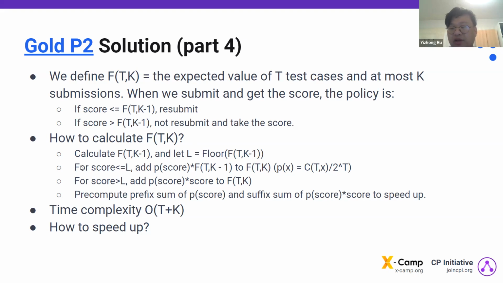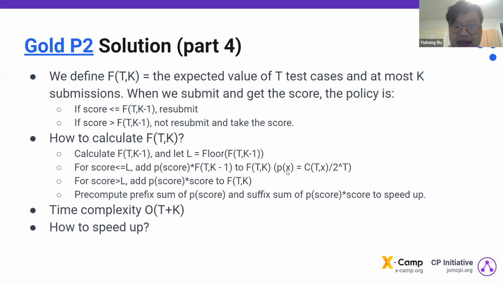Then we enumerate the score we get in this submission. For a score smaller than or equal to L, we need to do a summation, so we can get the expected value of FTK minus 1. So we add P score times FTK minus 1 to FTK.